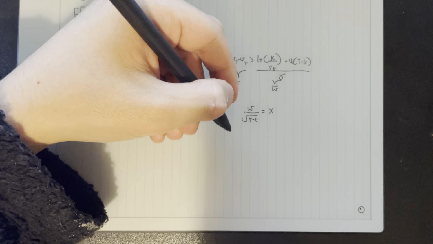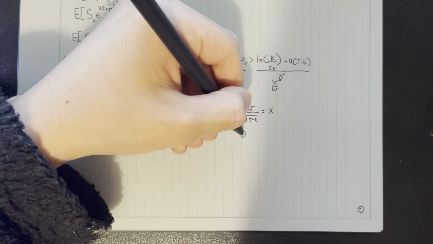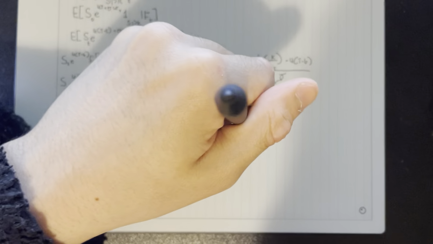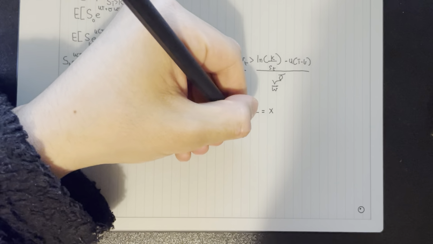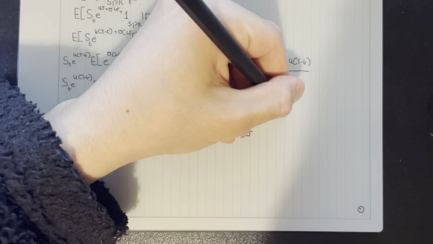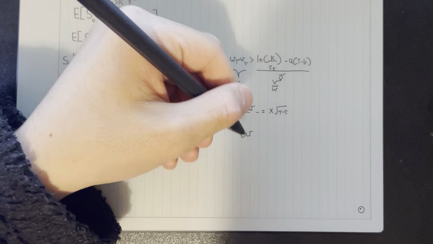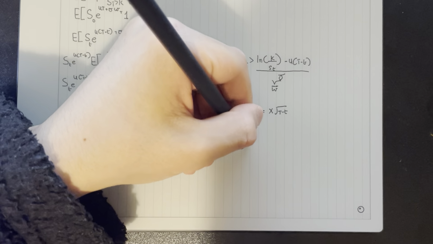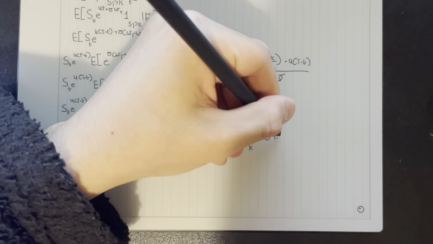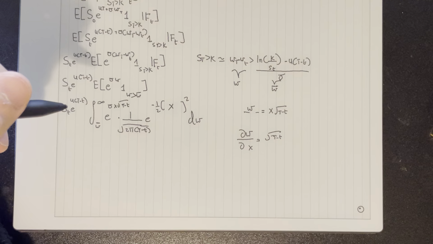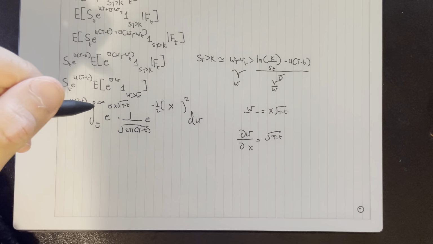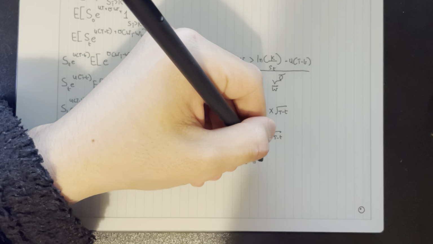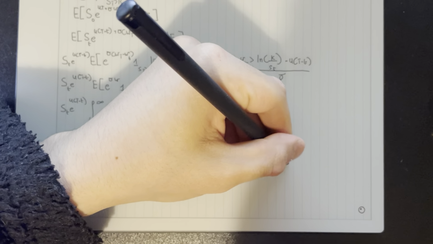So to do so, we will simply move the square root of T minus t to the other side, and take the derivative of the Brownian motion with respect to x. That will give us the square root of capital T minus little t. And moving stuff slightly more around, we get the following.